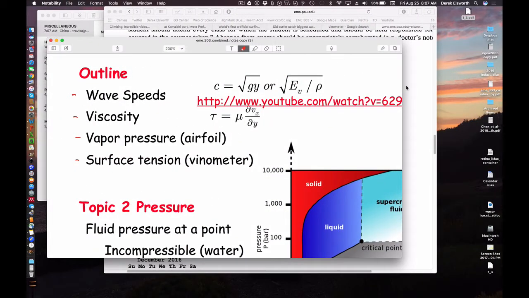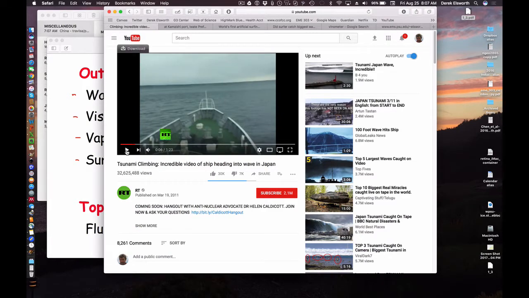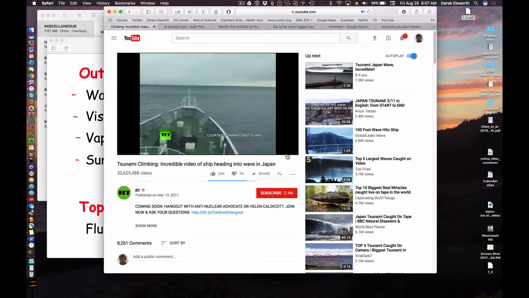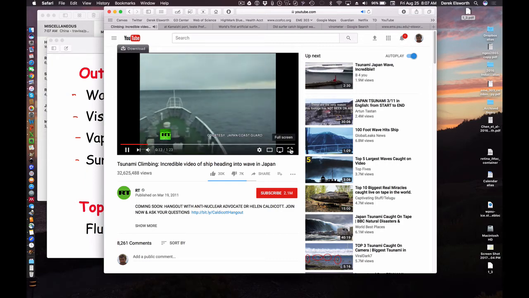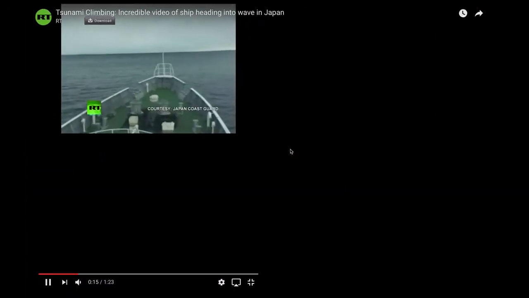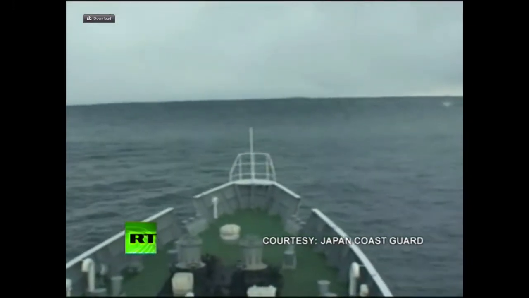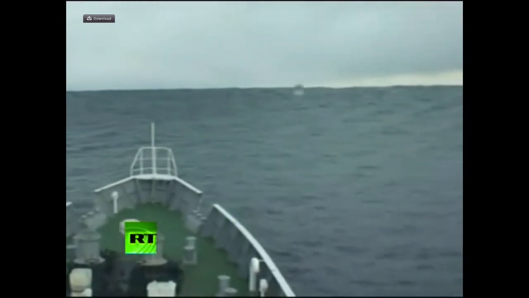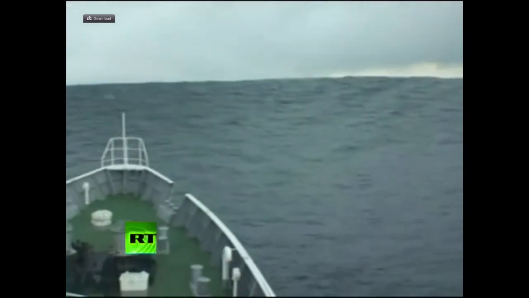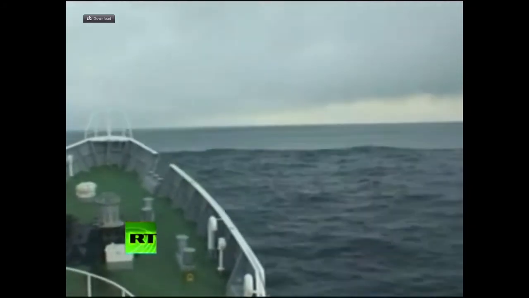Wave speeds, of course, may seem like kind of an esoteric thing. But I'll leave the sound on because the sound's kind of interesting. So this is a Coast Guard boat going out to port in Japan on March the 11th, 2011.